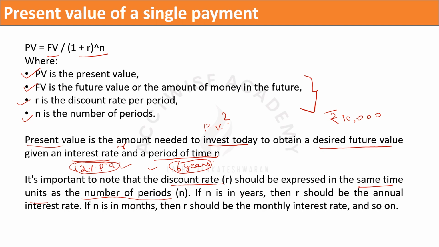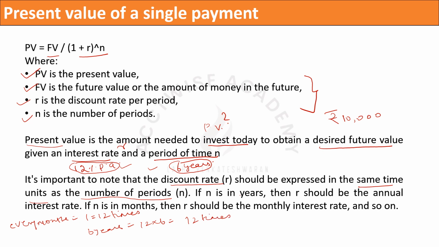If N is in months, for example, if we have an interest rate compounded every month, then for 1 year it is going to be compounded 12 times. For 6 years it is going to be 12 into 6, 72 times compounded.